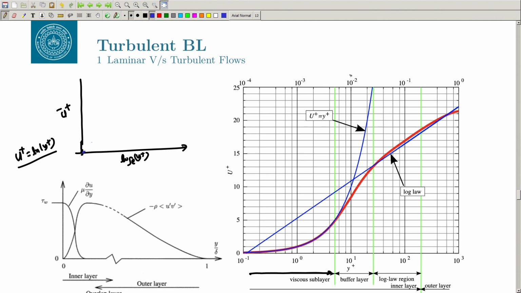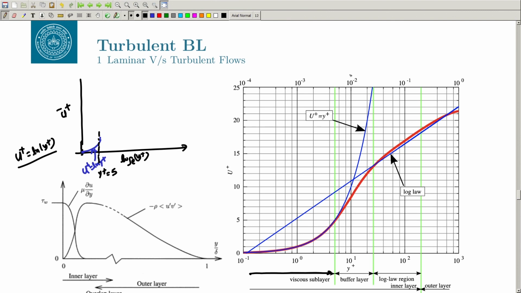So it will be like this, and this is my viscous layer, u plus equal to y plus, and this happens up till y plus equal to 5.